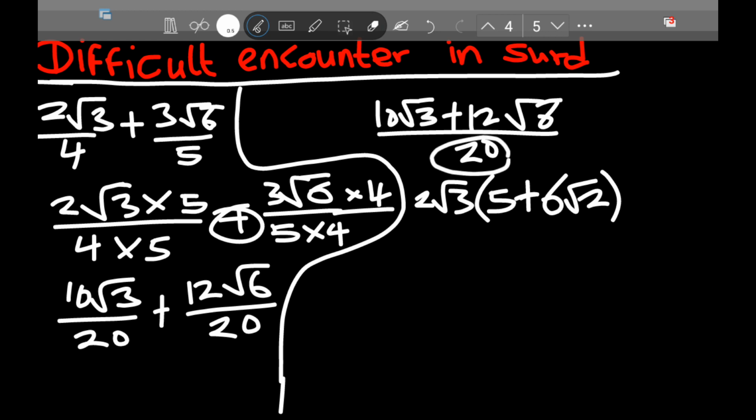So write over 20. So now you want to be careful here, because this 2 here multiplies to this square root symbol, and so we can also divide that 20 below it by this 2 here.